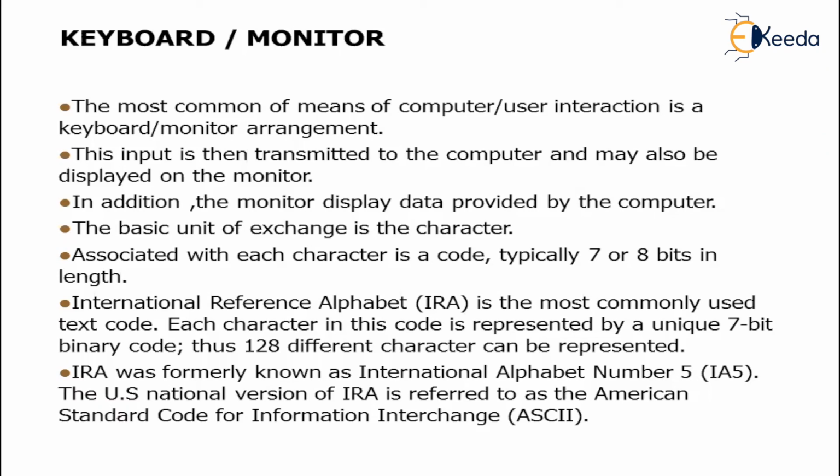Similarly, International Reference Alphabet was formerly known as International Alphabet Number 5, IA5. The US version of IRA is referred to as the American Standard Code for Information Interchange, which we call ASCII.